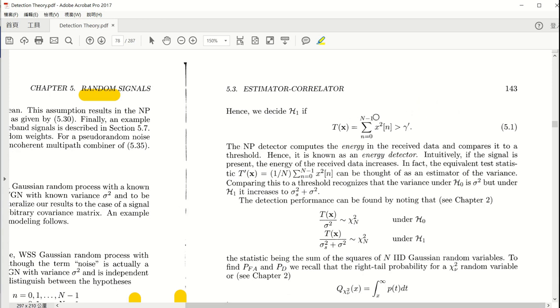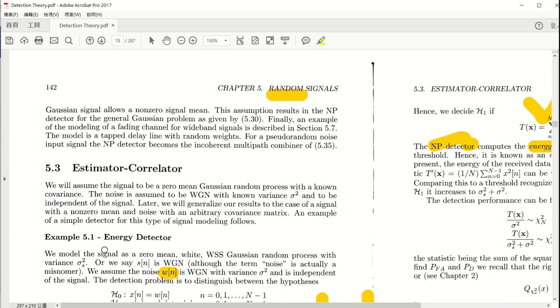So, as we said before, x squared, when you do the summation, is what we call the signal energy. As a result, this detector takes the energy in the received data and compares it to a threshold. As a result, we will say this is an energy detector, as its name here.